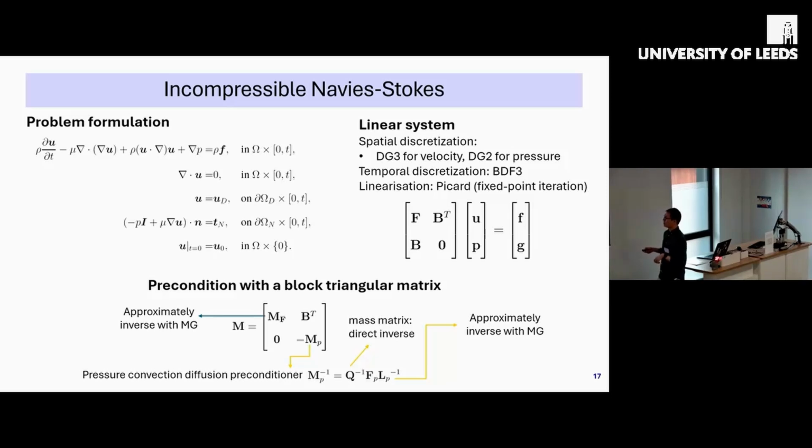And for this pressure Schur complement, we use this preconditioner to approximate its inverse. Again, of the two matrix inversions, one is by direct inverse because it has block structure. For the other one, we use the same multigrid method I introduced before.